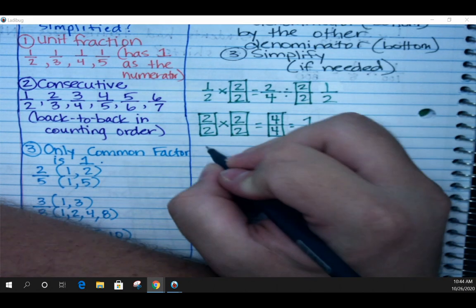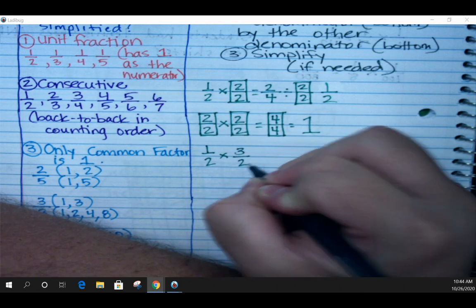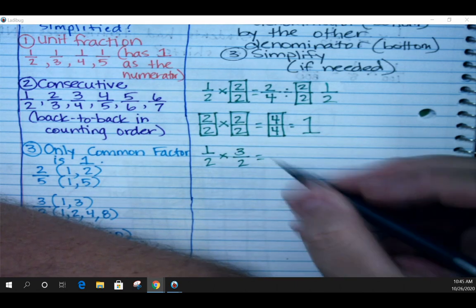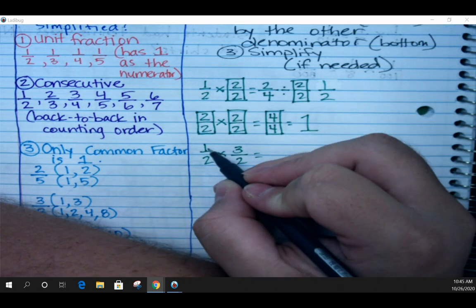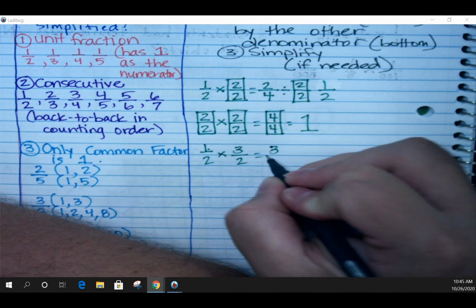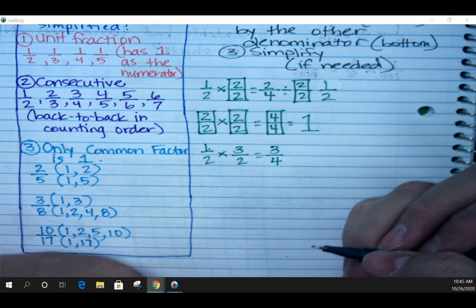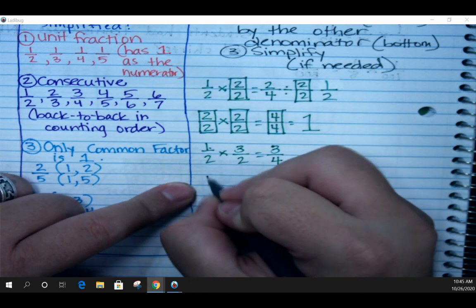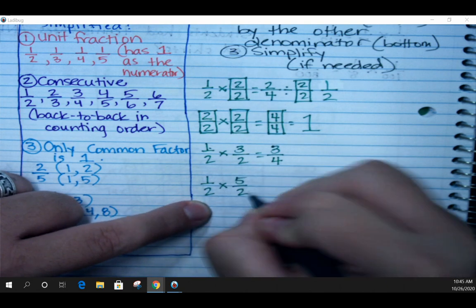What about 1/2 times 3/2? What is this kind of fraction? Improper fraction. 1 times 3 is 3. 2 times 2 is 4. 3/4.